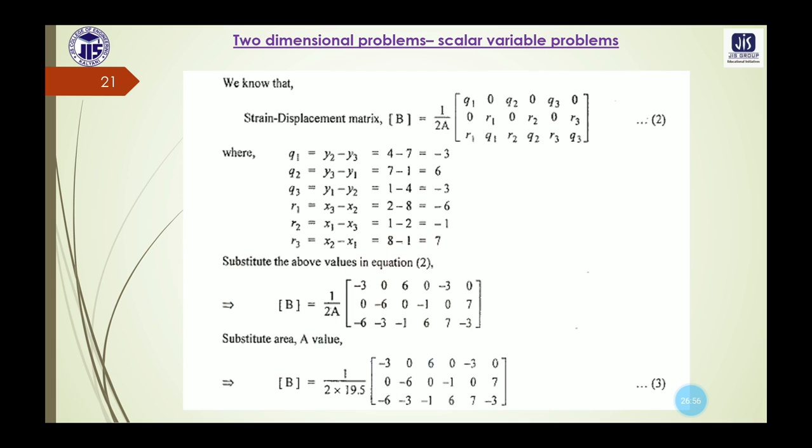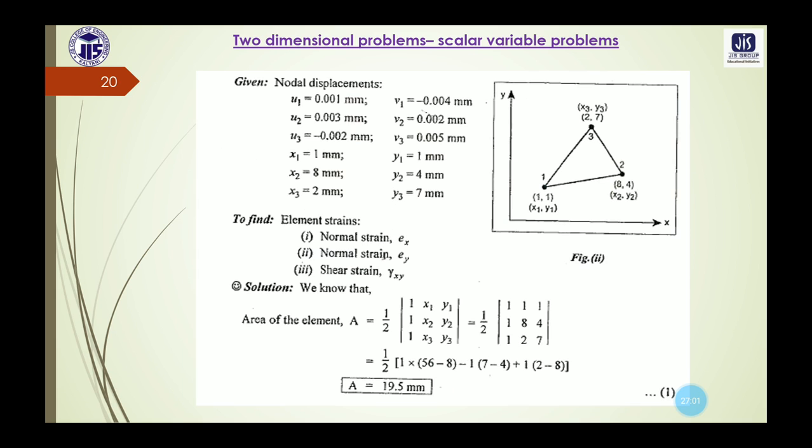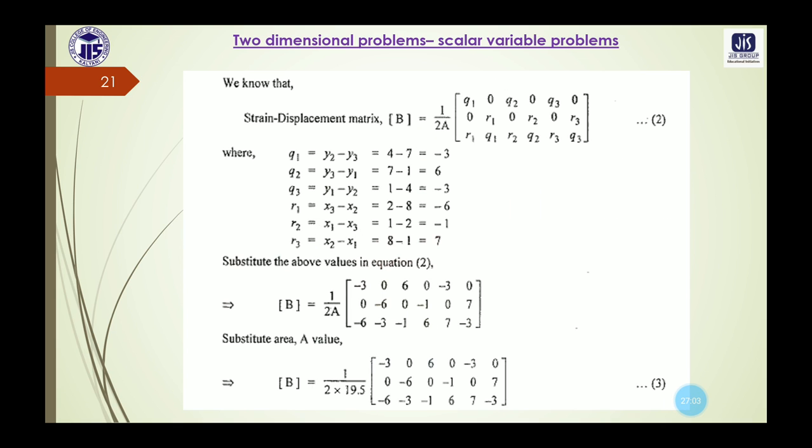All the values of y1, y2, y3, x1, x2, x3 we get from the coordinates given in the diagram. Putting in all the coordinate values, we calculate these parameters. After that we put the value of the area and the six parameters in the formula of the strain displacement matrix B, finally getting equation number 3.